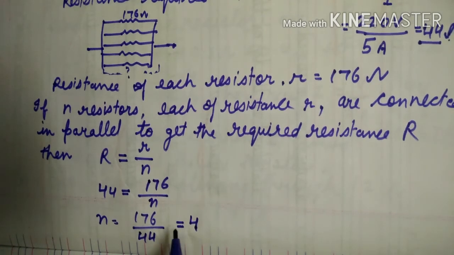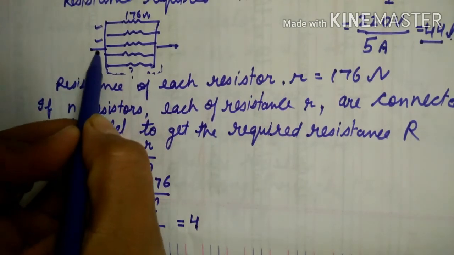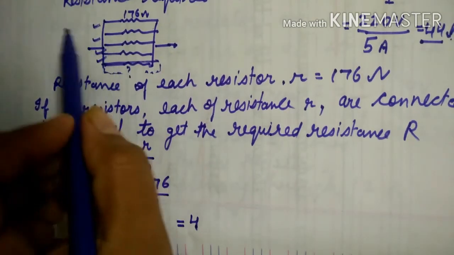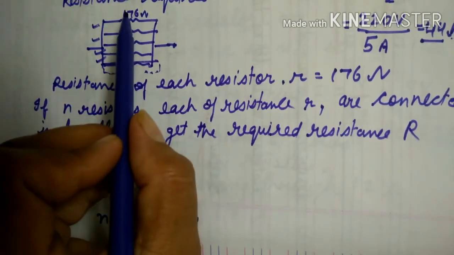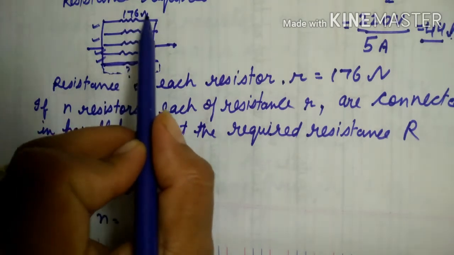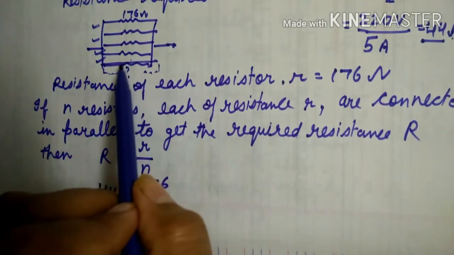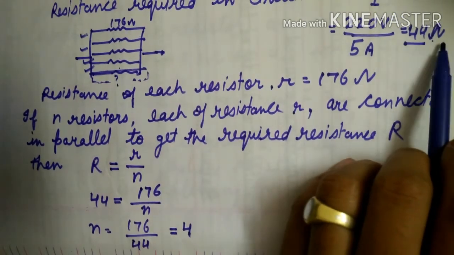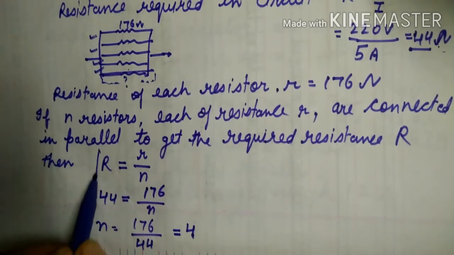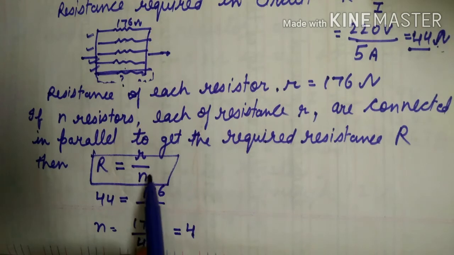So the total number of resistors we require, that is 4. Okay. So 1, 2, 3, 4. Only 4 resistors we required. One resistor's resistance will be 176 when we will connect them in parallel. So the total resistance we will get here, that is 44 ohm. Okay, so this is the formula to find the number of resistors if they are connected in parallel.